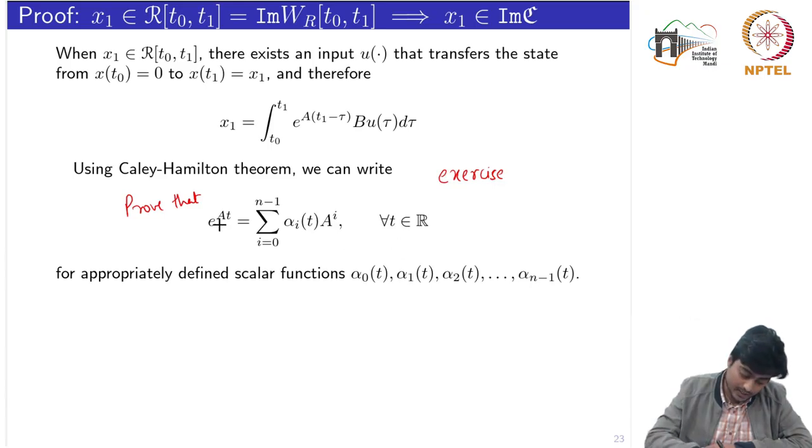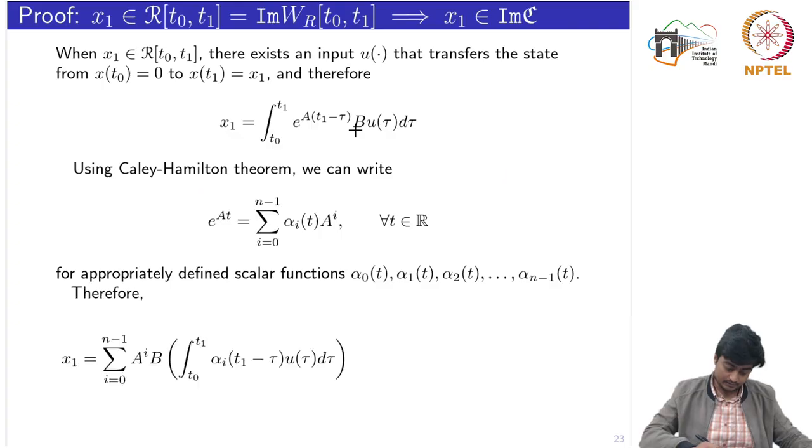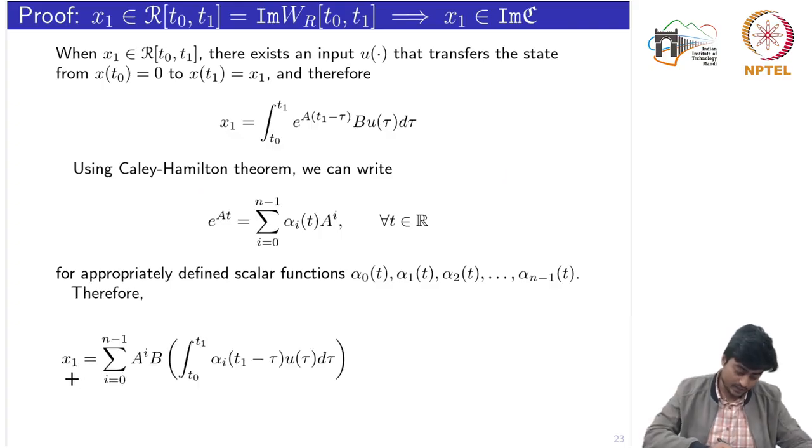Now simply I will put e to the power At here, where t would change from t1 minus t to t1 minus tau. So here I would have x1, this summation i from 0 to n minus 1. All these alpha i are scalars, so I can take them to the right hand side also.